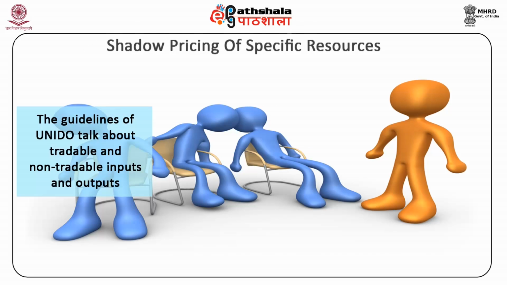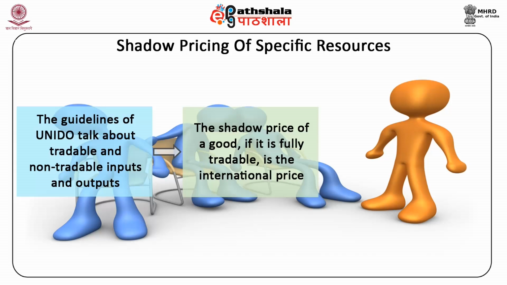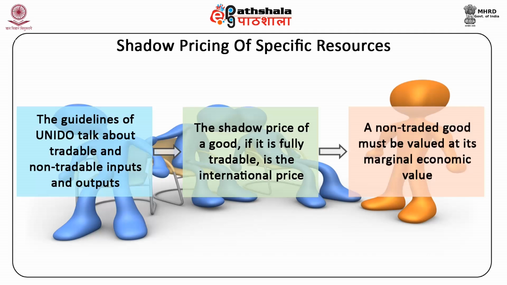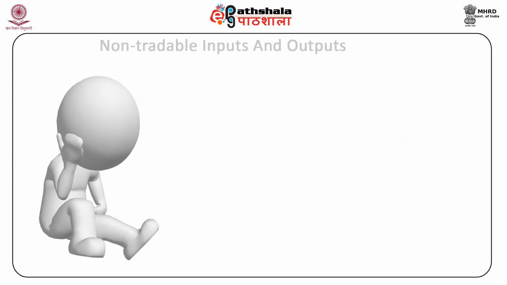The guidelines of UNIDO talk about tradable and non-tradable inputs and outputs. The shadow price of a good, if it is fully tradable, is the international price. A non-traded good must be valued at its marginal economic value. Non-tradable inputs and outputs.